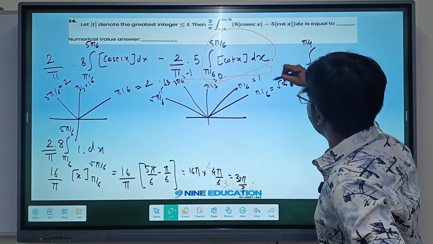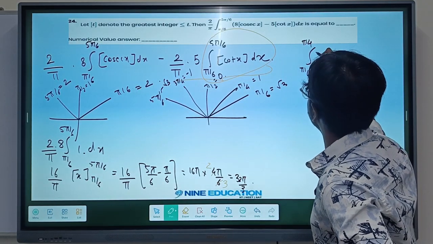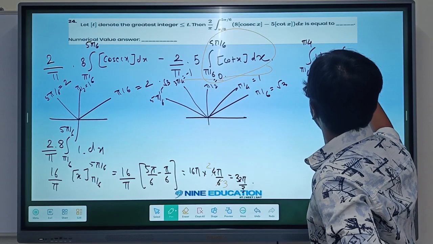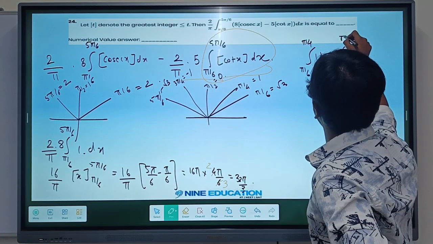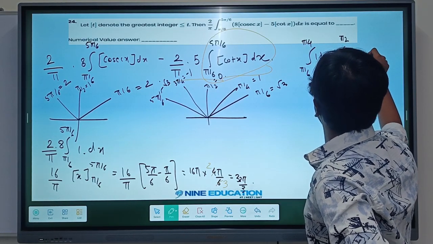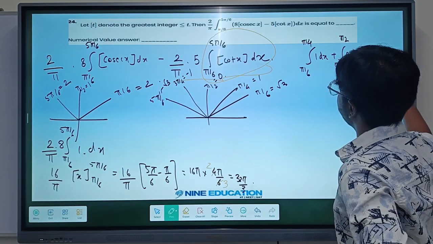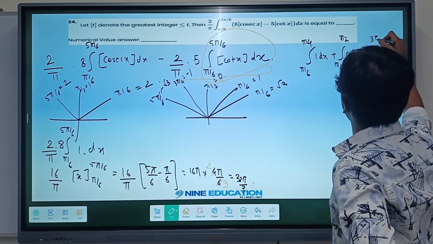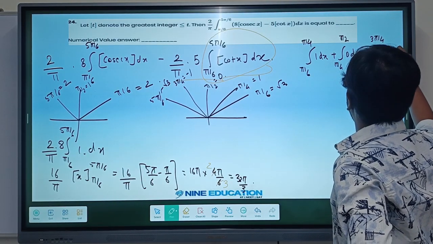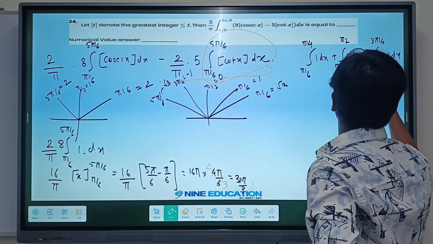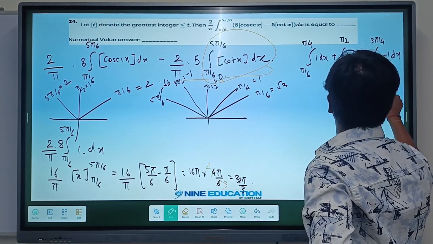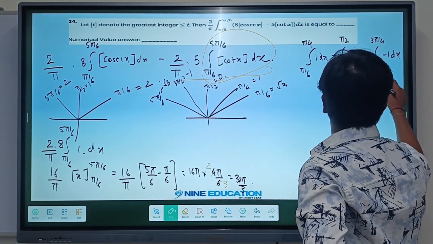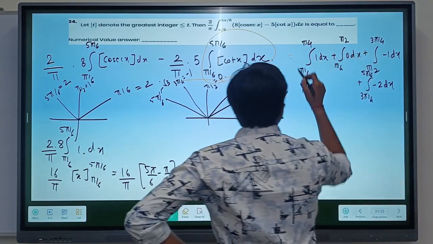From pi by 6 to pi by 4 it is going from root 3 to 1. So 1 dx plus pi by 4 to pi by 2, 0 dx, plus pi by 2 to 3 pi by 4, minus 1 dx, plus 3 pi by 4 to 5 pi by 6, minus 2 dx.